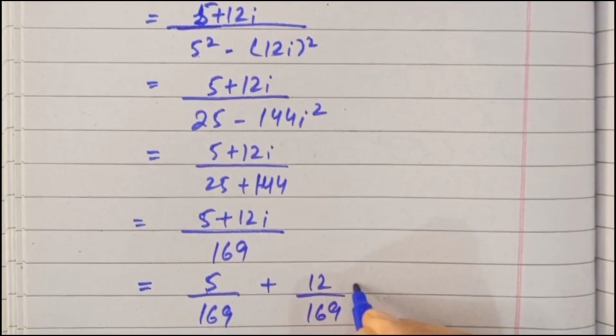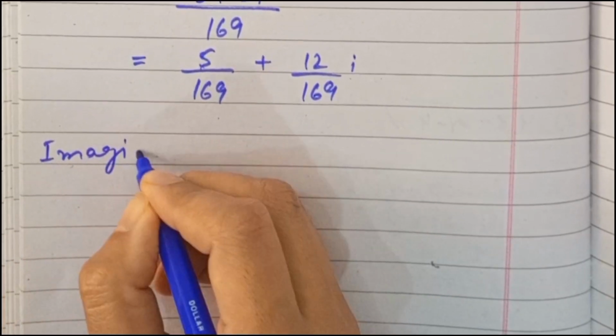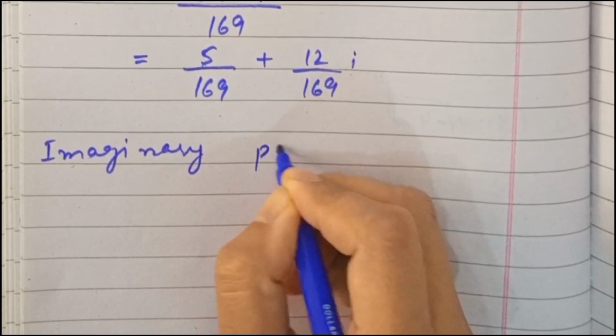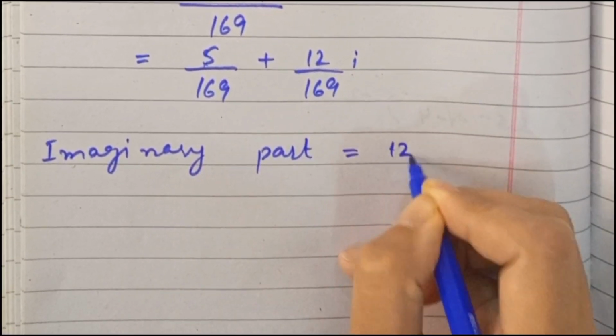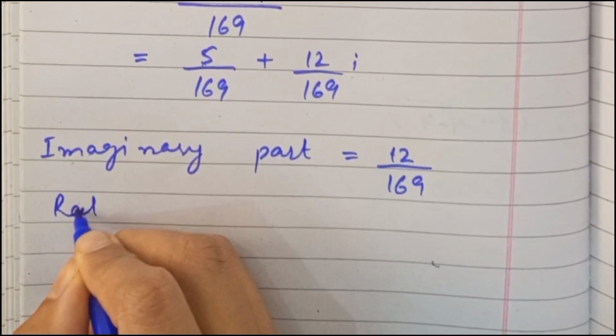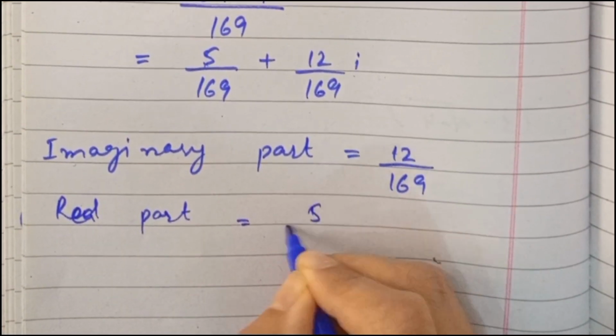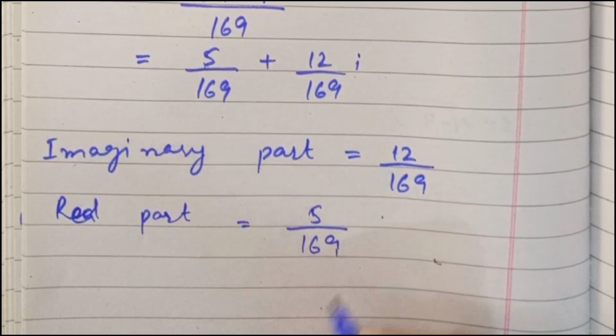We'll split it like this. The imaginary part here is 12 by 169, whereas the real part is 5 divided by 169.